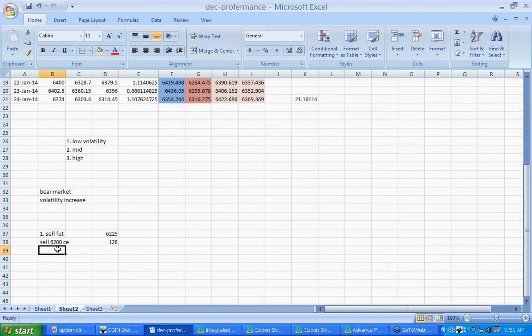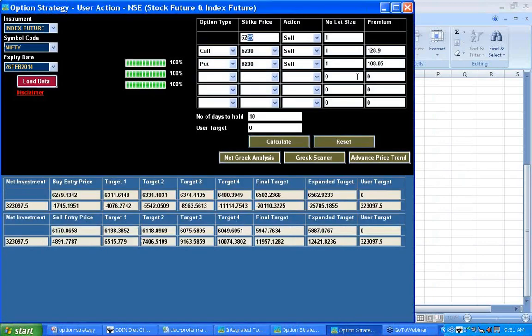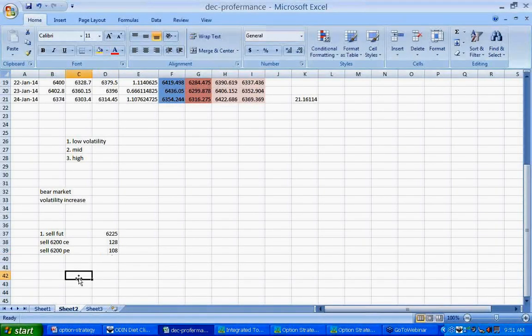So I have taken 128, and selling a 6,200 put option at a price of 108. So my view, to get the time value, irrespective of the volatility rise or fall, it's solved here.